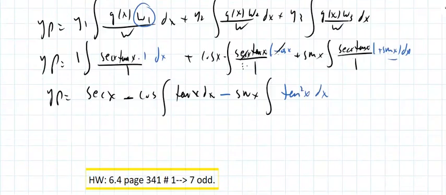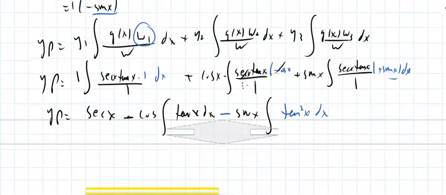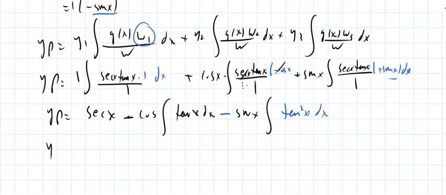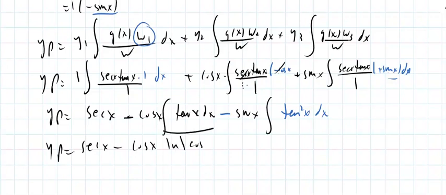Now, identities are a must. So let's see how this works. Y particular is going to be the secant of x minus cosine of x. And the integral of tangent is natural log of the cosine of x with a negative. So with the negative, that should make this a positive. There you go.